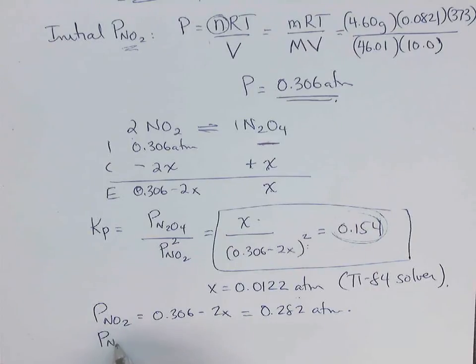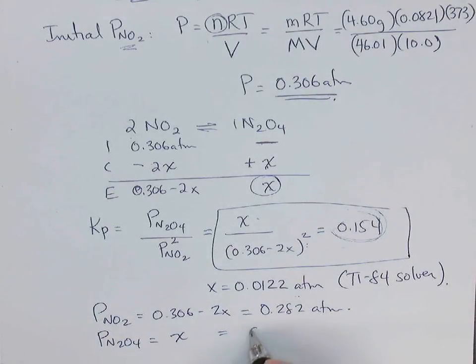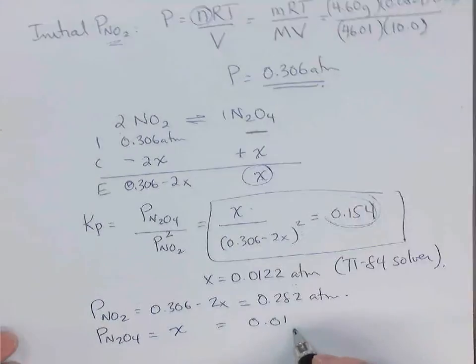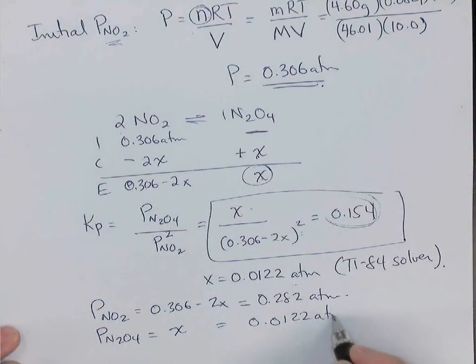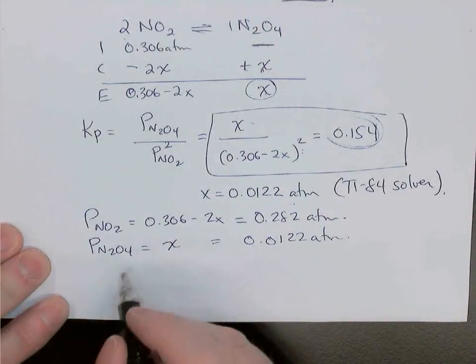The pressure of the N2O4 is just x, right? From the ice table, it's x. So that means it's 0.0122 atmospheres. And now the question wanted to know, what is the total pressure in the flask at equilibrium?